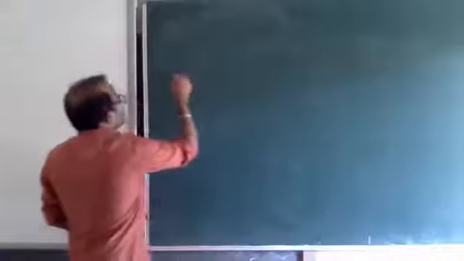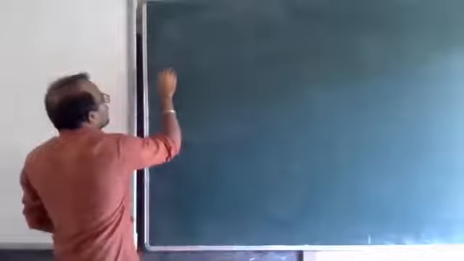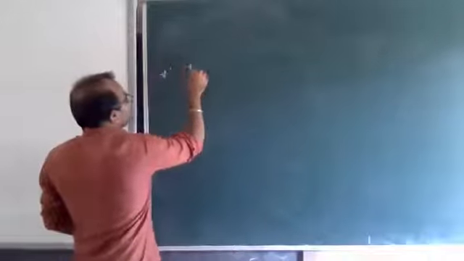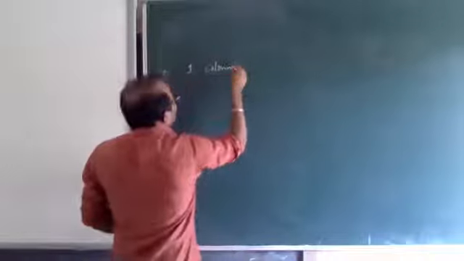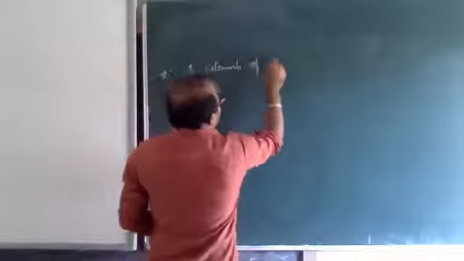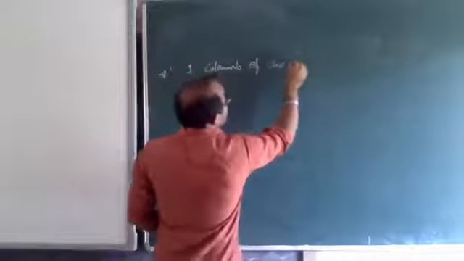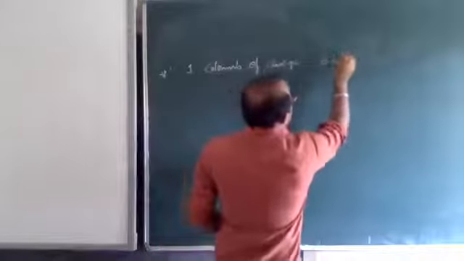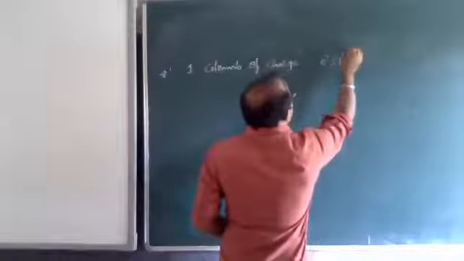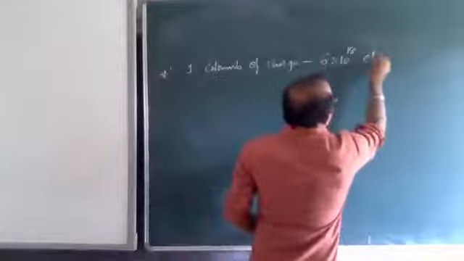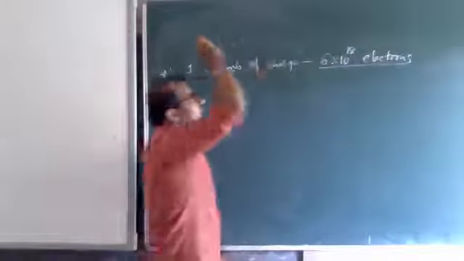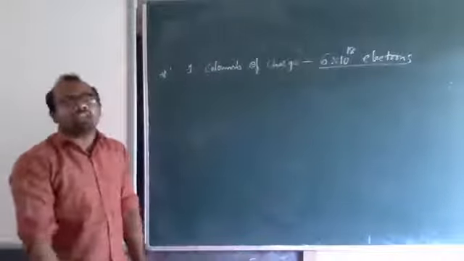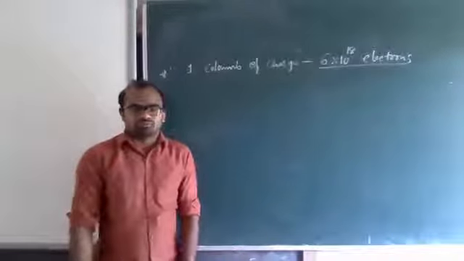the remaining things. Before that, let me tell you, 1 coulomb of charge contains 6 into 10 to the power 18 electrons. In 1 coulomb of charge, 6 into 10 to the power 18 electrons are present.